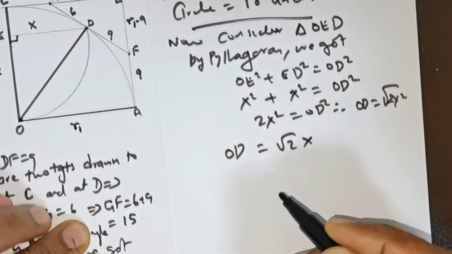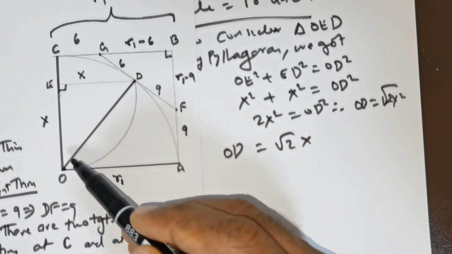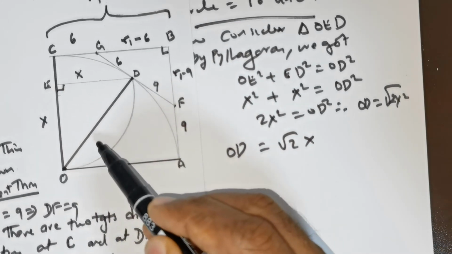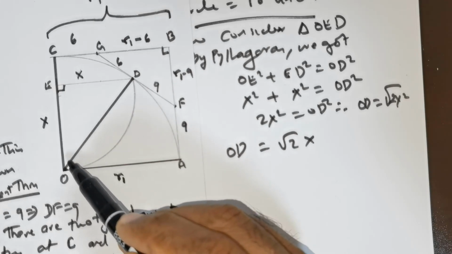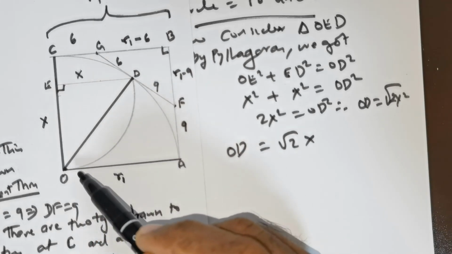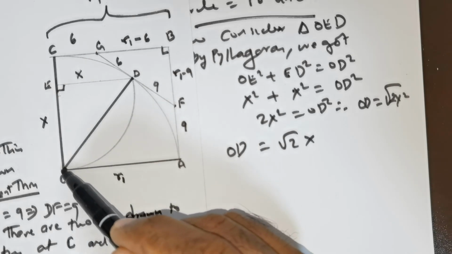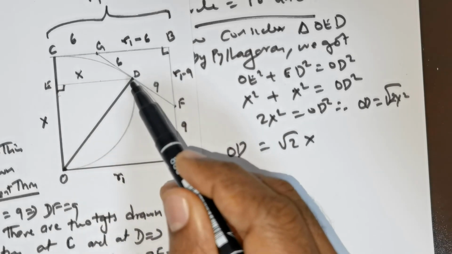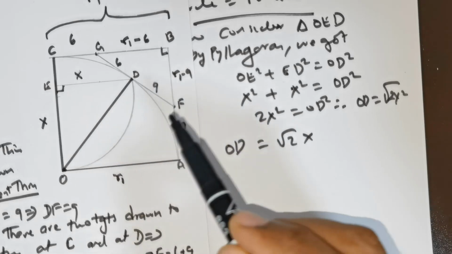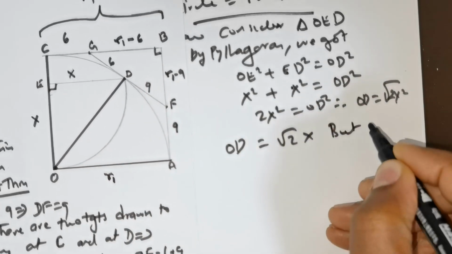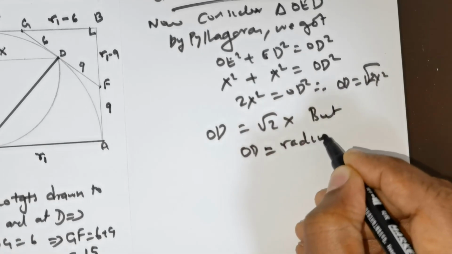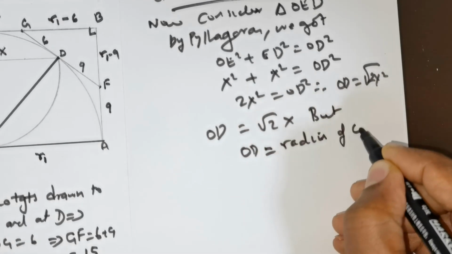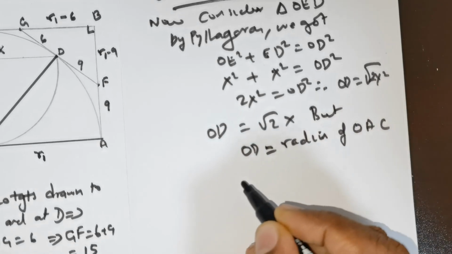This is my OD. But watch here, what is OD? OD is actually the radius of the larger quarter circle. Are you following it? See, from the point O we are drawing it to the circumference of OAC, but OD is the radius of OAC.